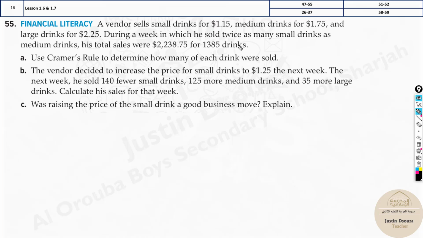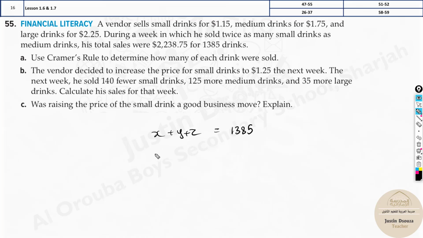Now here what have they told us? The total drinks sold in a week were 1,385. So x plus y plus z, or you can take it as A, B, C, or say small drink S, M, and L, anything. So this is the first equation.